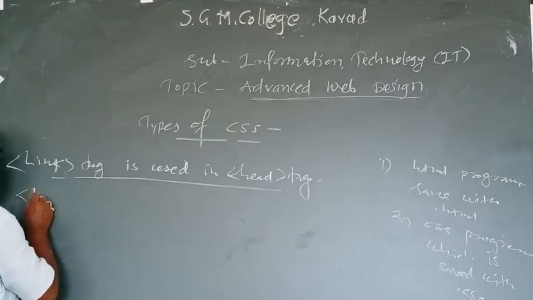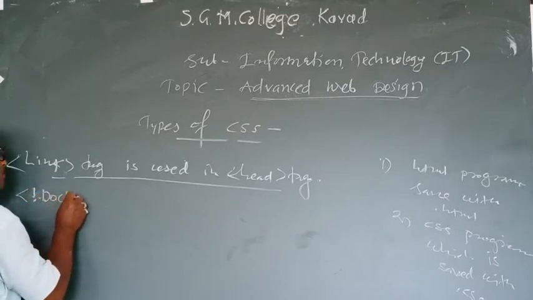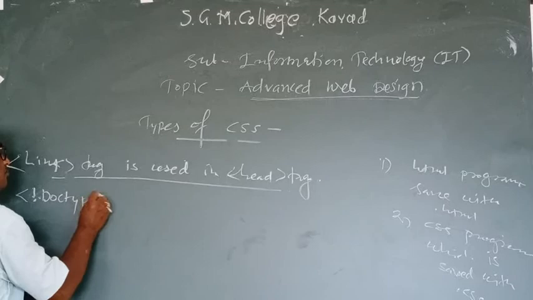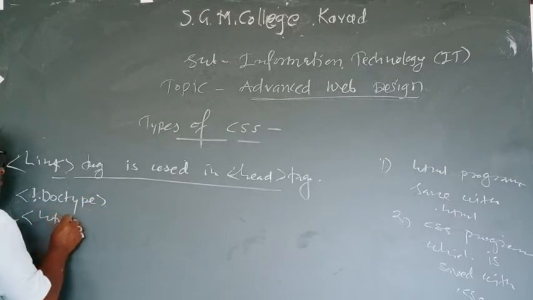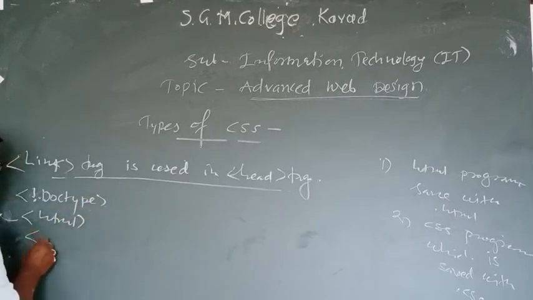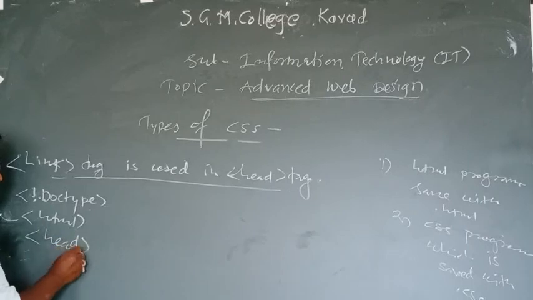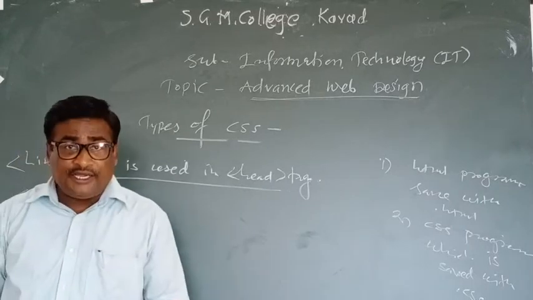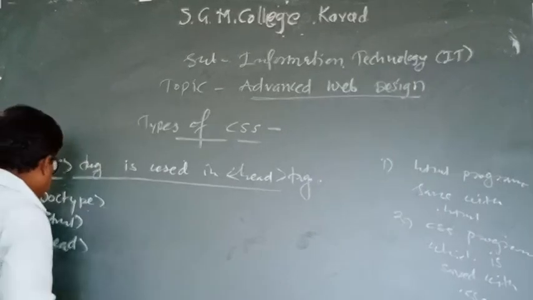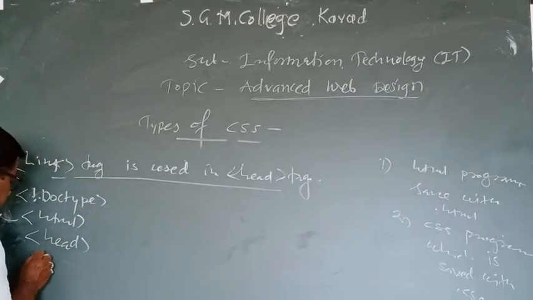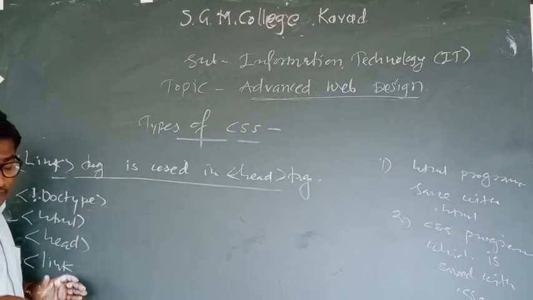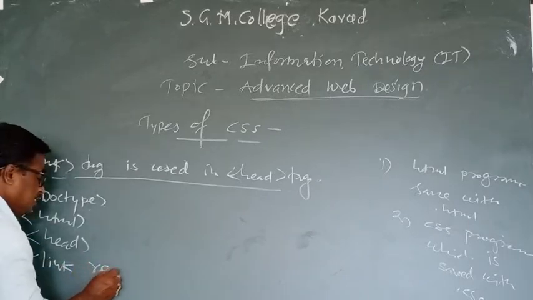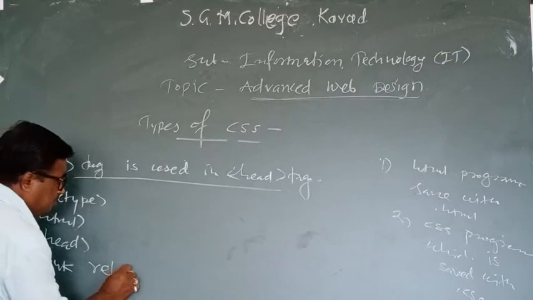Doctype, exclamation mark, doctype HTML, head. Okay, and within that head tag we have to write the link tag. The first attribute of the link tag is rel. Rel stands for relation.